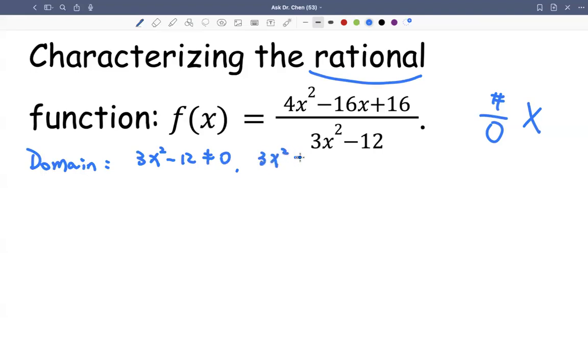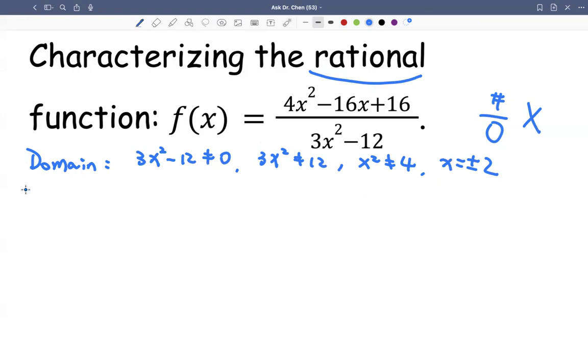Solve for this one. 3x squared cannot be 12, and divide by 3 on both sides. That means x squared cannot be 4, which means x cannot be 2 or -2. So that's the domain of this function, which means all real values work for this function, except 2 or -2.